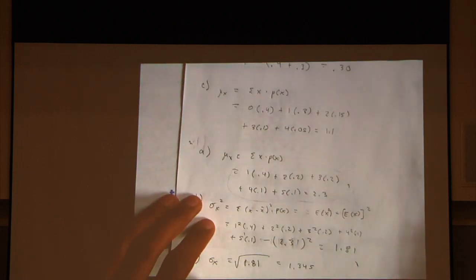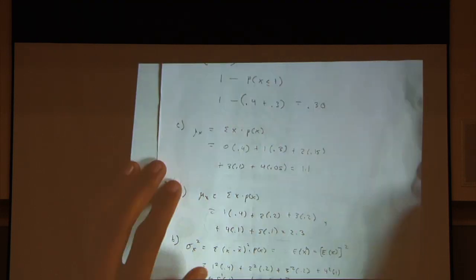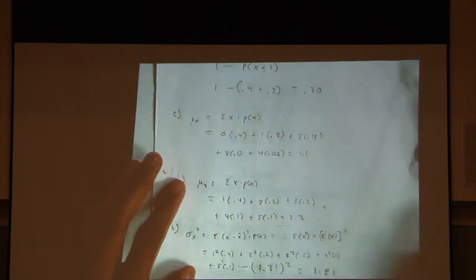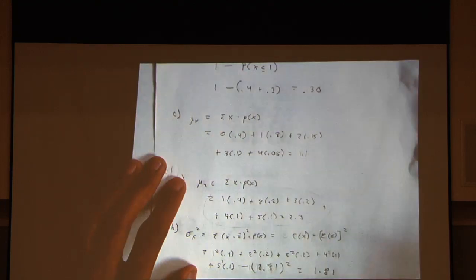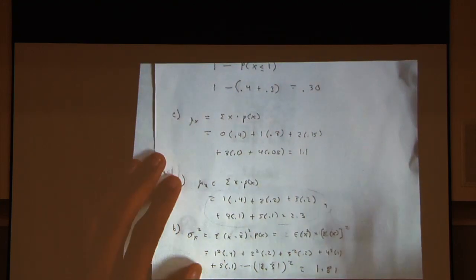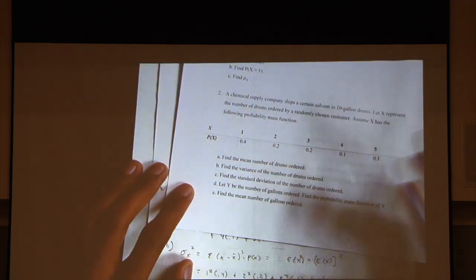So can you guys tell me if there's large variability or small variability? Or how can you tell? Large? Yeah, it's large only because the numbers you're dealing with are 1, 2, 3, 4, and 5.